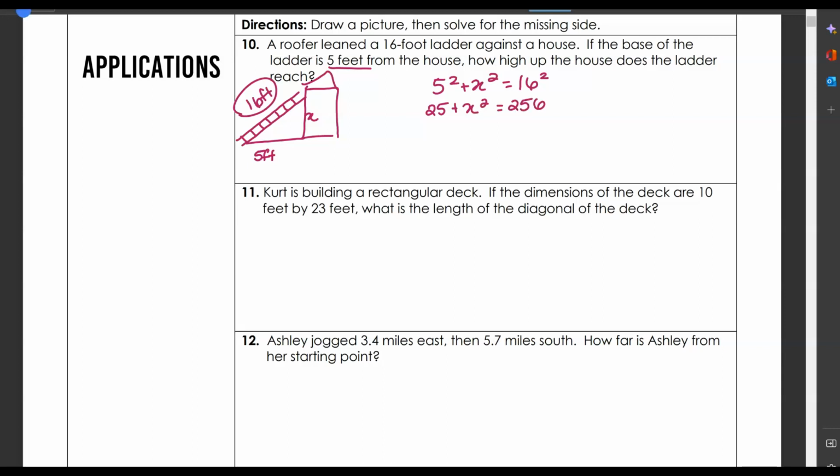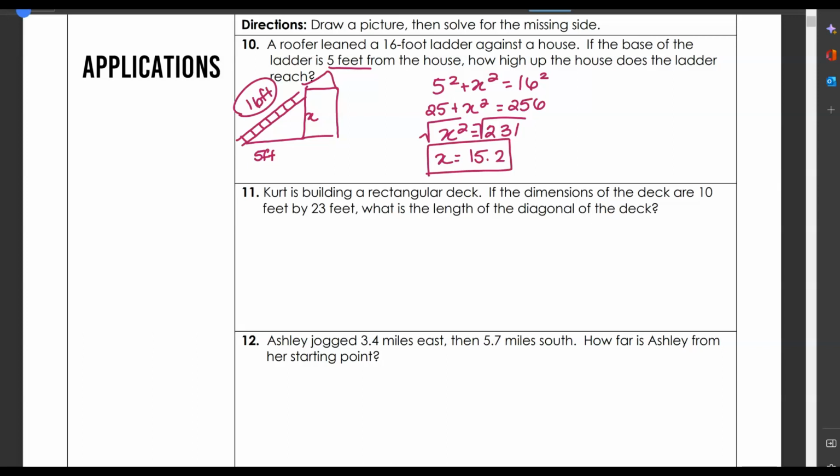We're going to subtract 25 from 256, so we're going to end up with x squared is equal to 231. Let's go ahead and take the square root of both sides, so we end up with x is equal to 15.2.